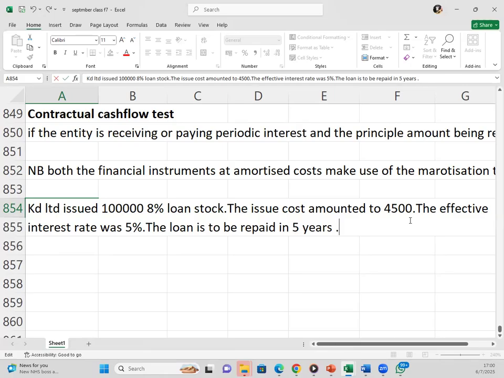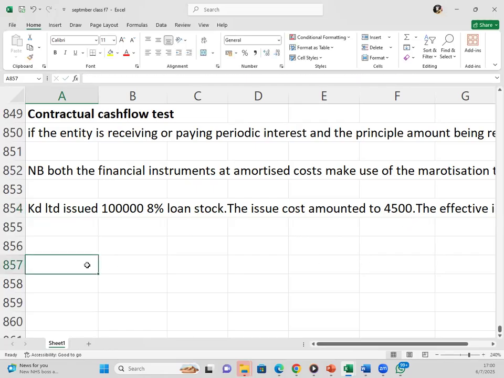So it means in this case, going to the test, we are going to be paying contractual cash flows. What do I mean? This is a loan. A loan does not say if it's a 100,000 loan, we are going to pay 100,000.